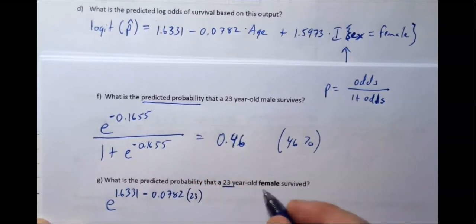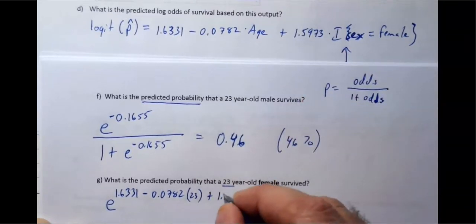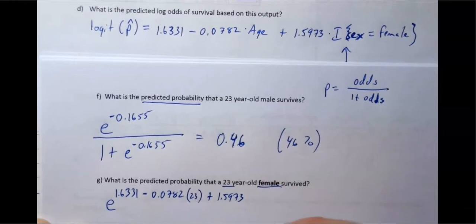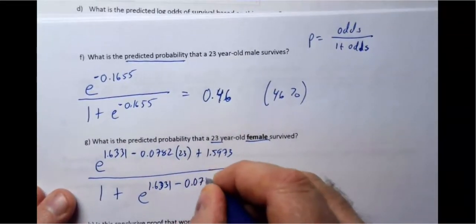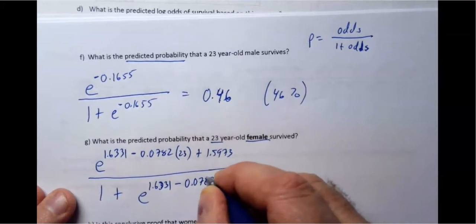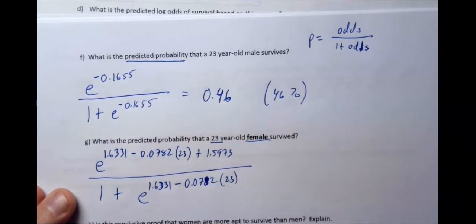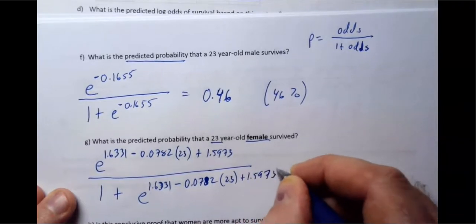Now we're looking at a female, so we have to include plus 1.5973 because it's a female, divide that by 1 plus that whole mess up top there, 1.6331 minus 0.0782 times 23, plus 1.5973.